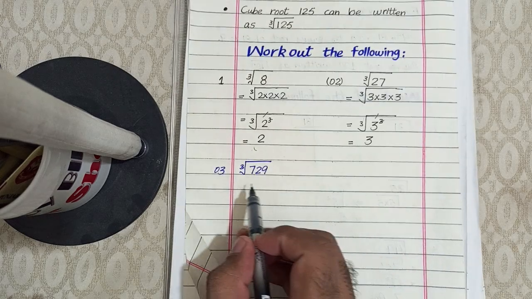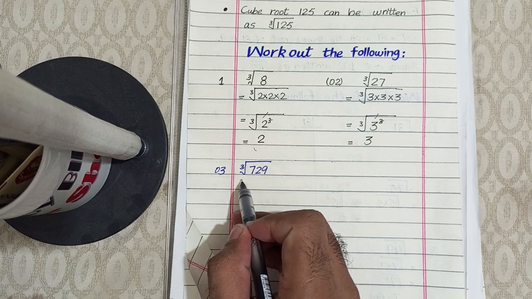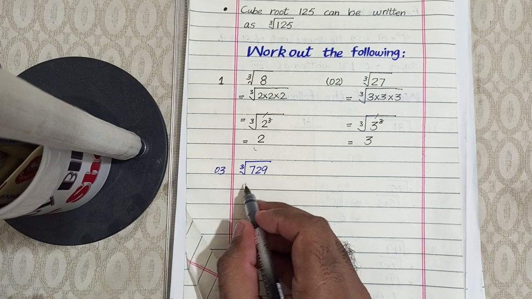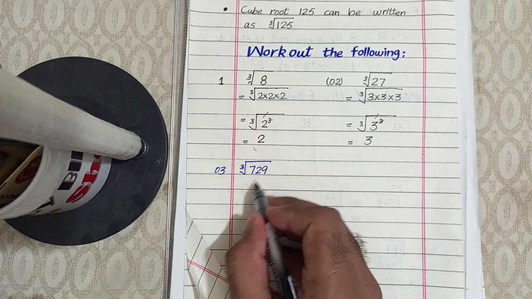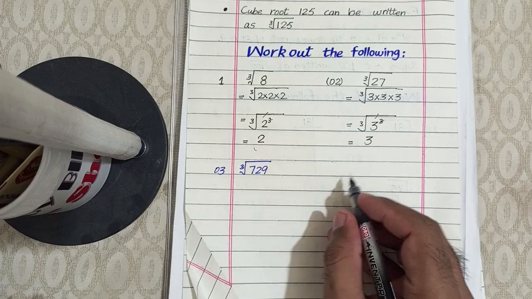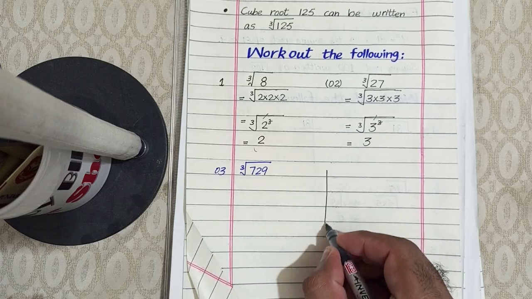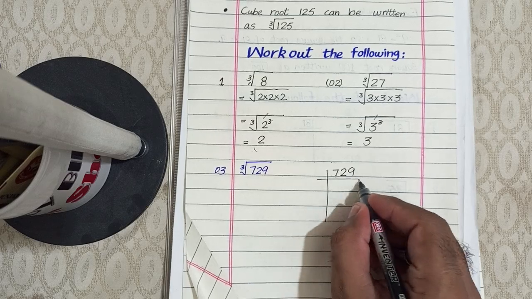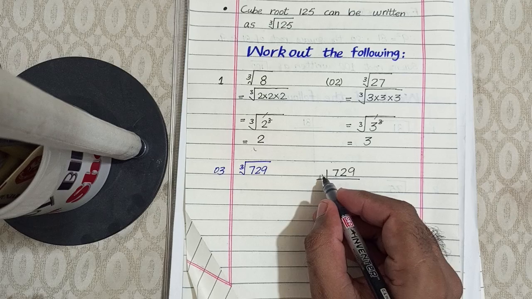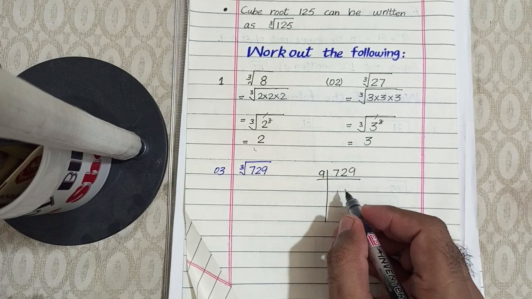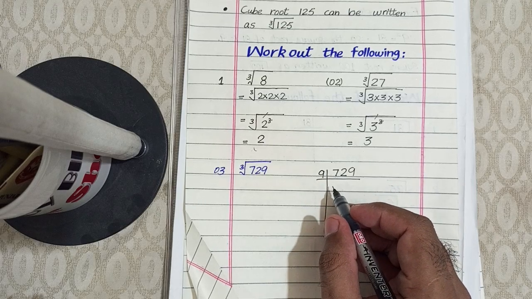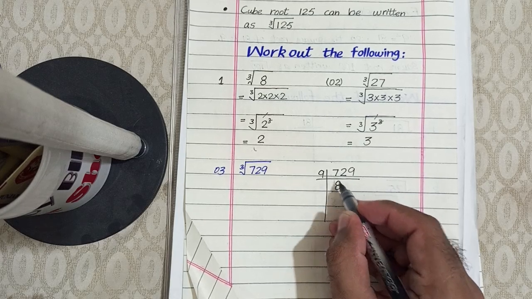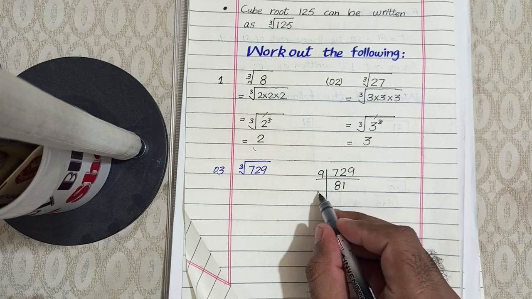Now our next question, find the cube root of 729. So first of all, we calculate the prime factor of 729. Now we divide by 9. 9 times 8 is 72 and 9 times 1 is 9.